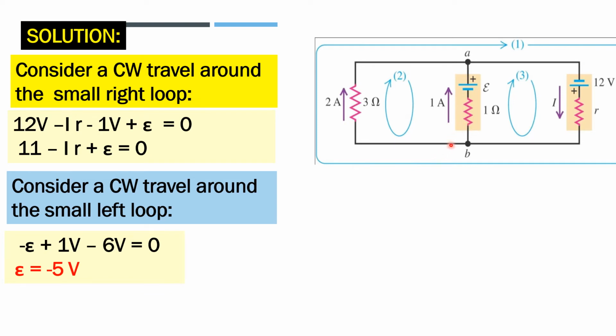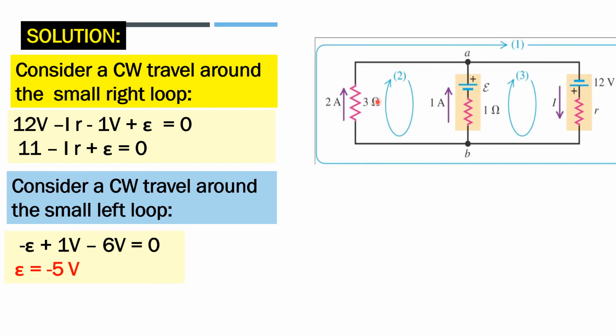Now, as we continue here, we will again be moving in the same direction as the given current of 2 amperes. This is a light bulb whose resistance is given as 3 ohms and whose current through it is also given as 2 amperes.